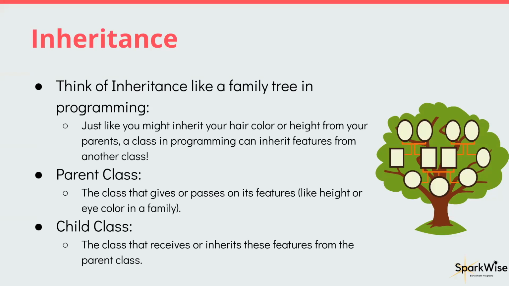Those are the 2 keywords that we're going to stick to. It's very easy to visualize. So the parent class is the class that gives or passes its features, right? So always think about it: I have the same hair color as my mom. That's your parent class, right? You inherited it. And the child class is, think of it like you, right? This is the class that inherits certain features.